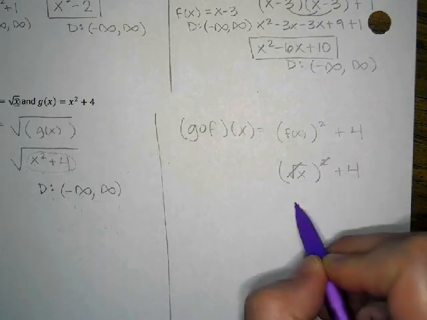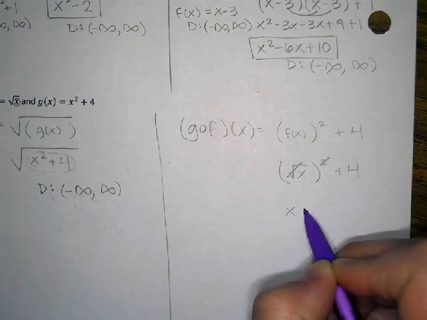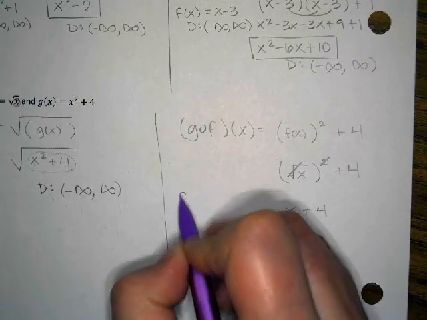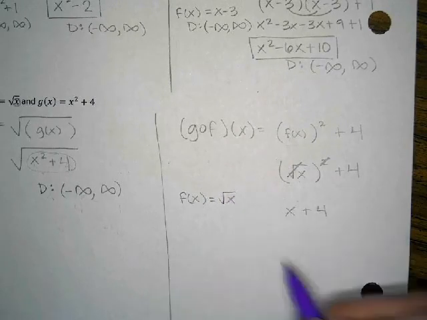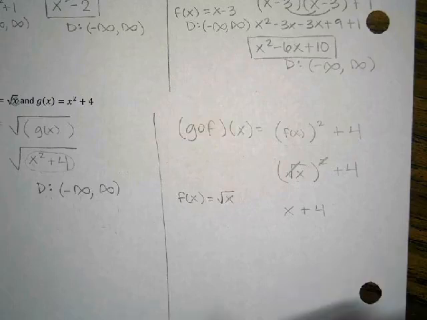We have f of x is the square root of x, and when I have the square root of x, what was the domain? How do I find the domain of a square root problem? You have to think back to that domain worksheet. This is one of the ones that's limited.